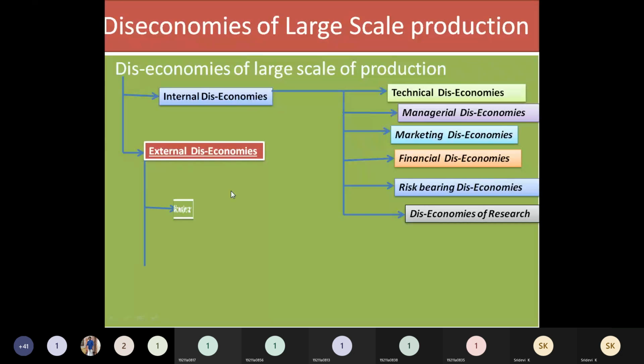And coming to the external diseconomies, concentration. Due to concentration, what are the diseconomies you will have? Of course, we say that all the facilities that are available in that particular concentrated area will be utilized by the company. But at the same time, it will be a competitor. No? If you are a small company located along with the big companies, who will look after your small company? Not even customers or the government will look after that company, right?